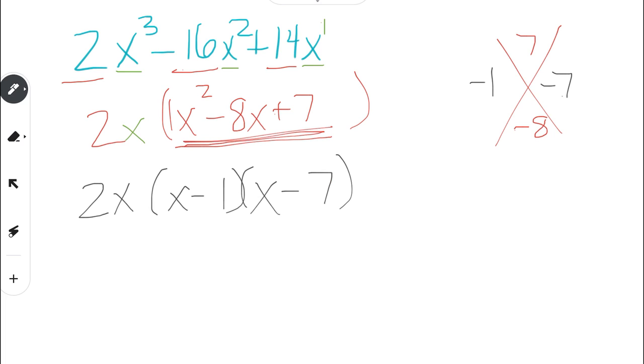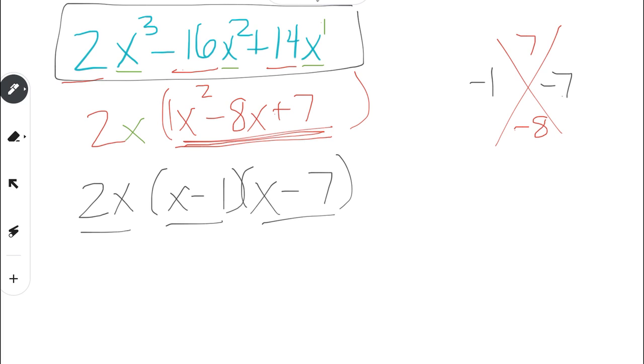Now I have 3 different products that are equivalent to my original polynomial. And if I want to find the x-intercepts, I have to make all three products equal to 0.